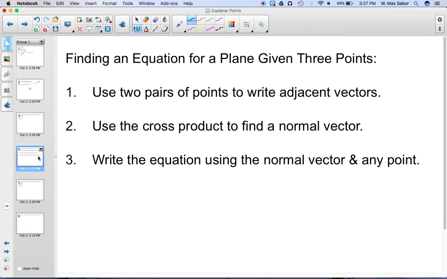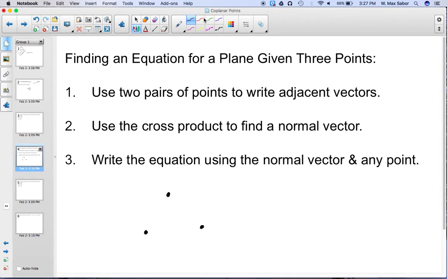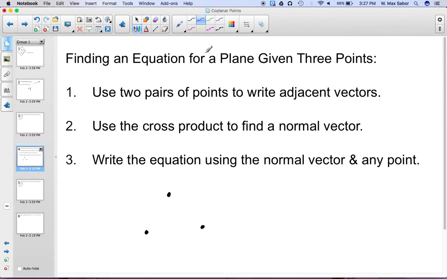The process that we're going to follow is first, we're going to use any 2 pairs of points to write adjacent vectors. So if we have 3 points, you're usually not going to have them all drawn out for you, but you can find this vector and this vector. I'll call those vectors u and v.